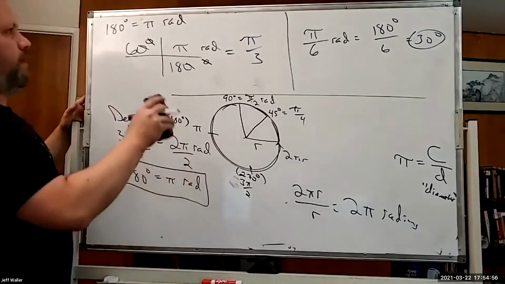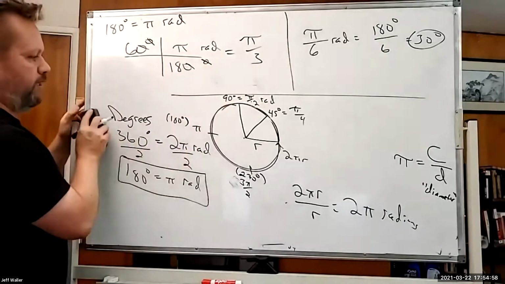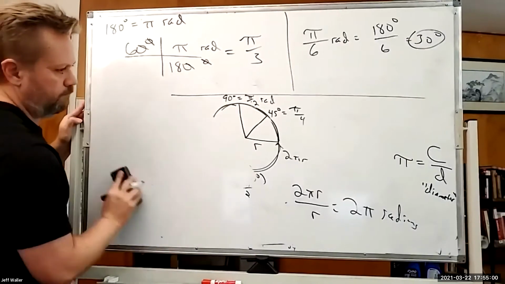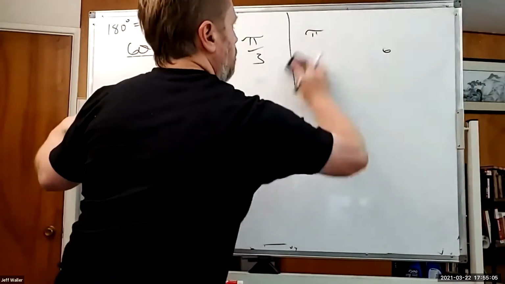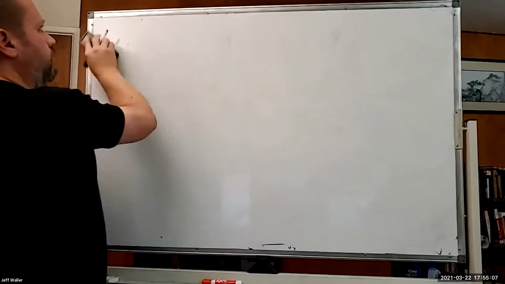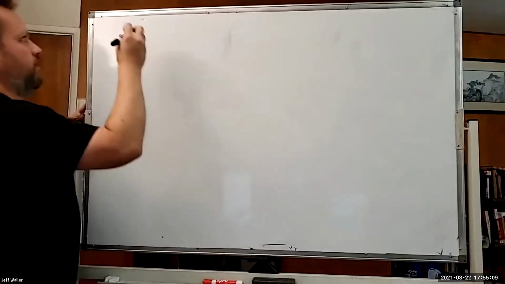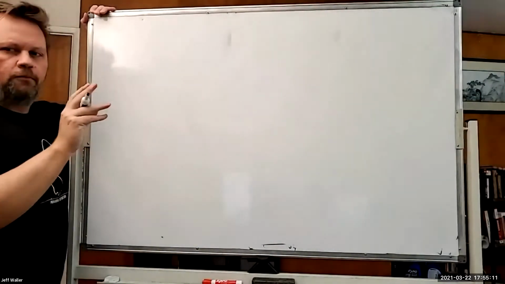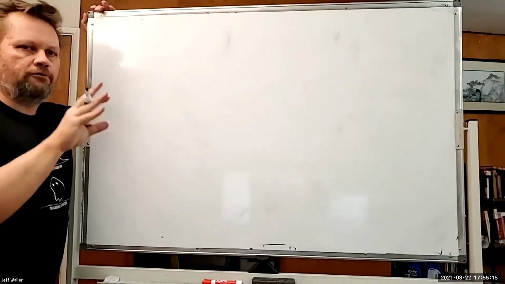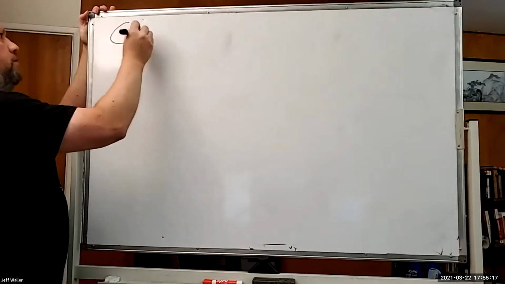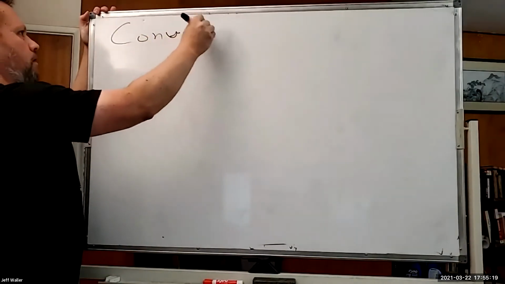All right. So let's try a couple things. I want you guys to take a minute and convert. And when you convert, you very often try to reduce. So I want you to convert from one to the other.